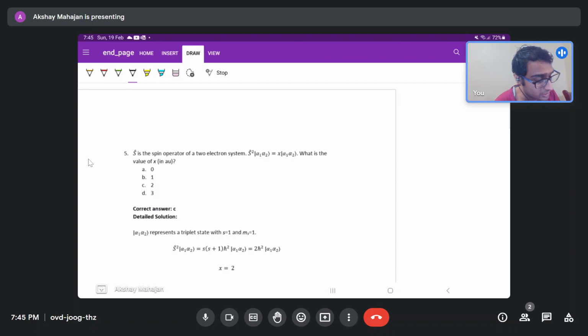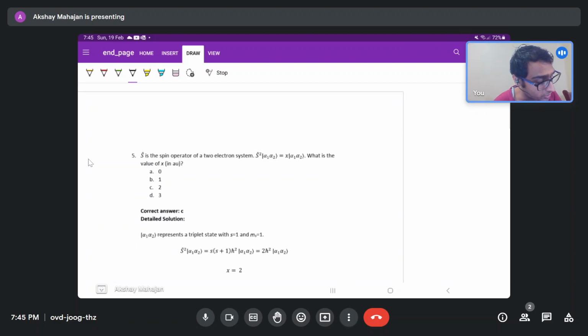Then again, similarly, the question that we have solved earlier in the session as well. When you have to solve this kind of alpha 1 alpha 2, just go to whatever is given. Alpha 1 alpha 2 represents s equals 1, the triplet. So it represents s equals 1 and ms equals 1. Right.